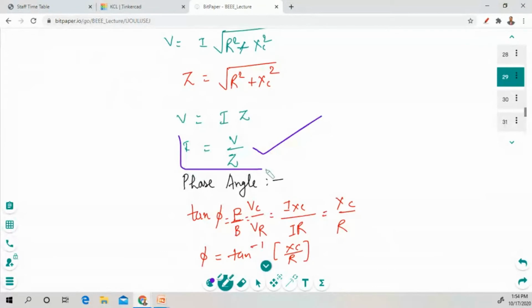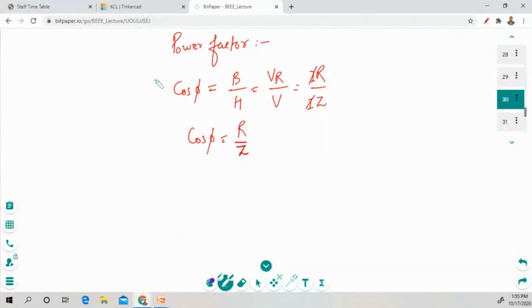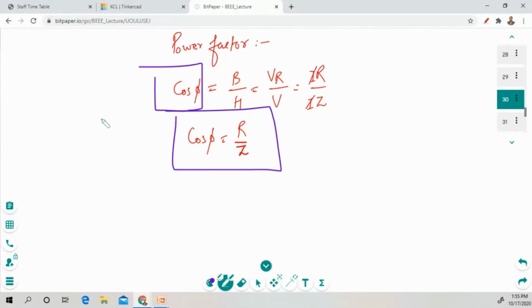This is the equation for the current, and you can derive the equation for the voltage also: V is equal to I into Z. Now we have to calculate the phase angle, same as previous, and the power factor, cos of phi, same as previous.